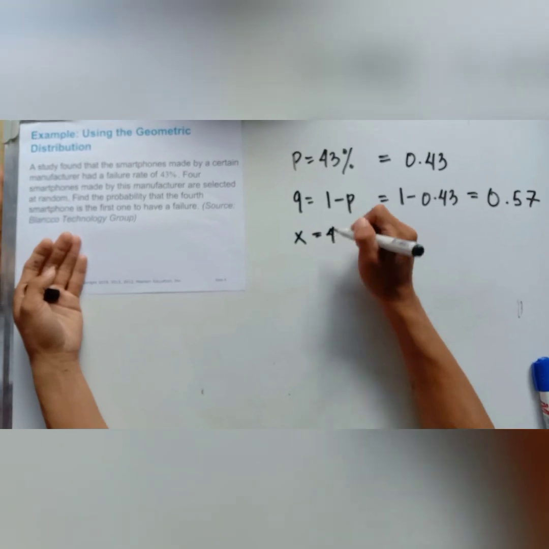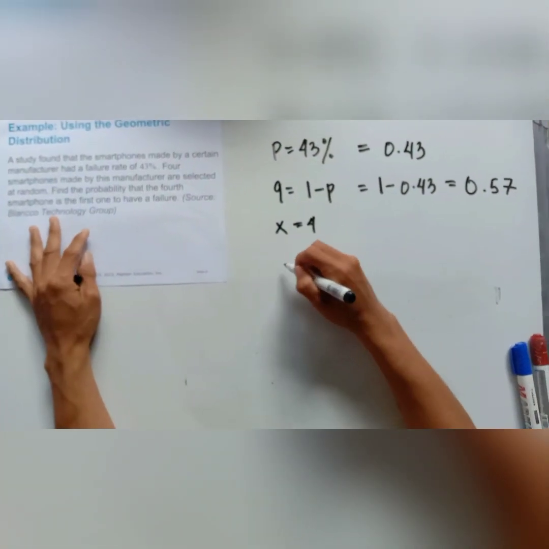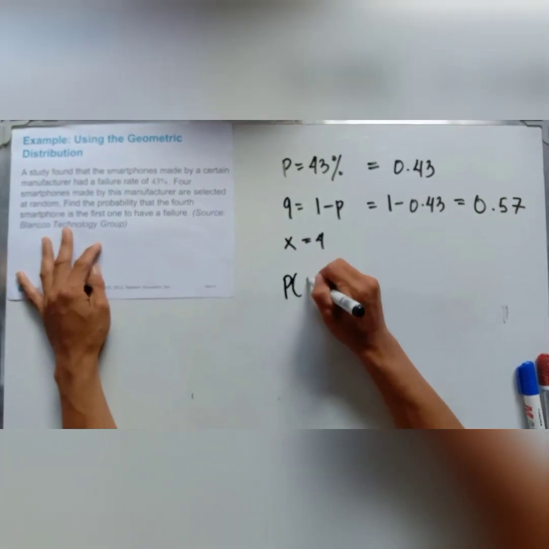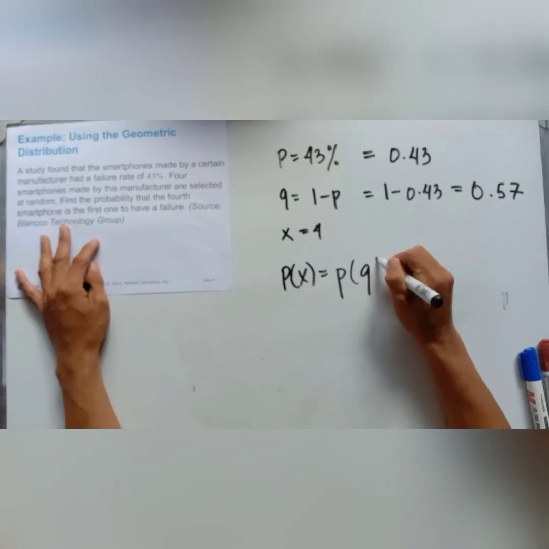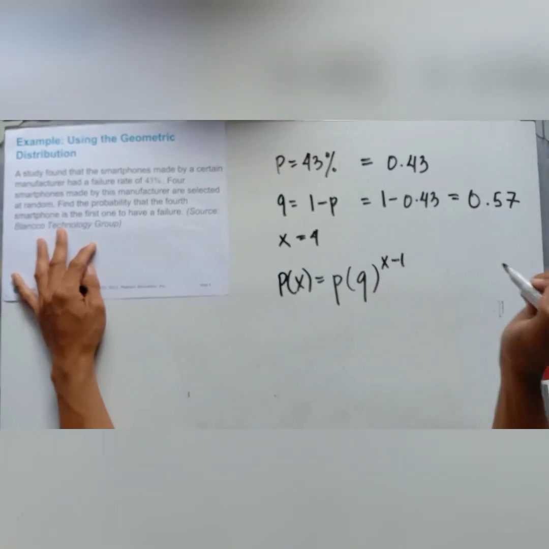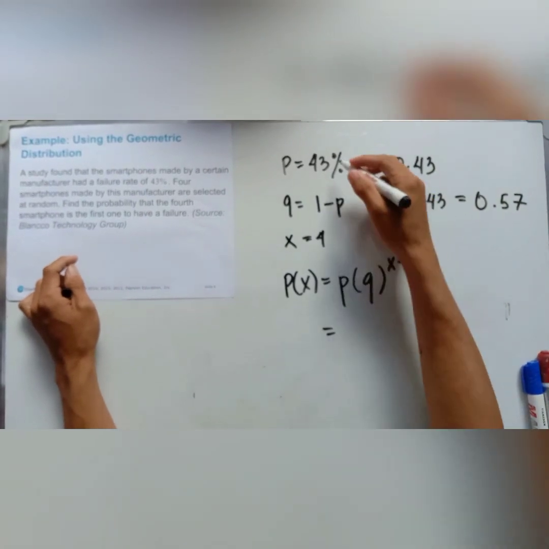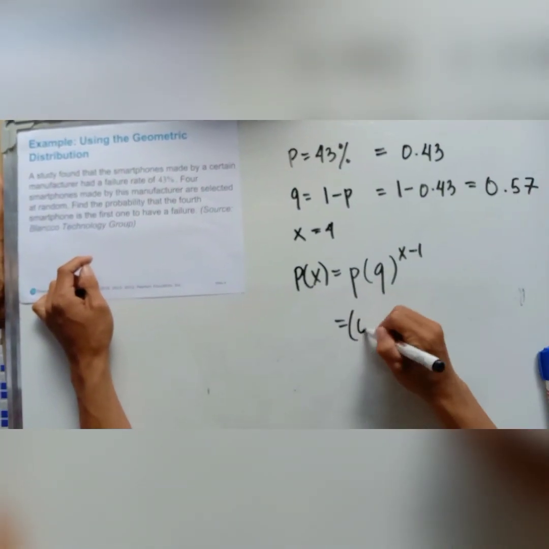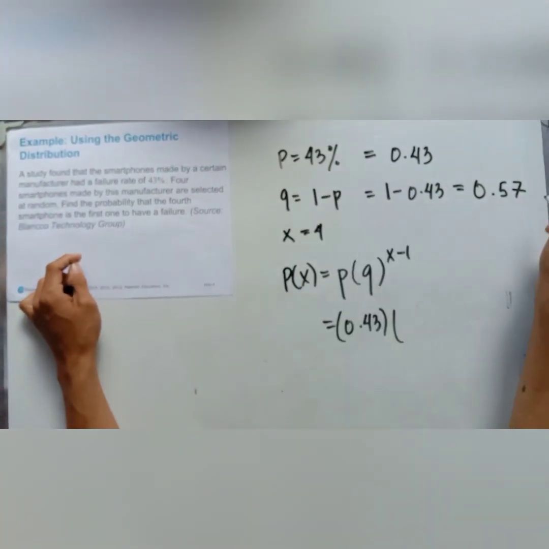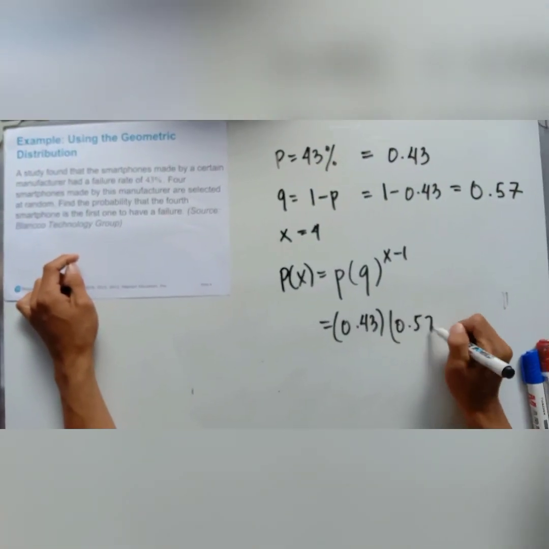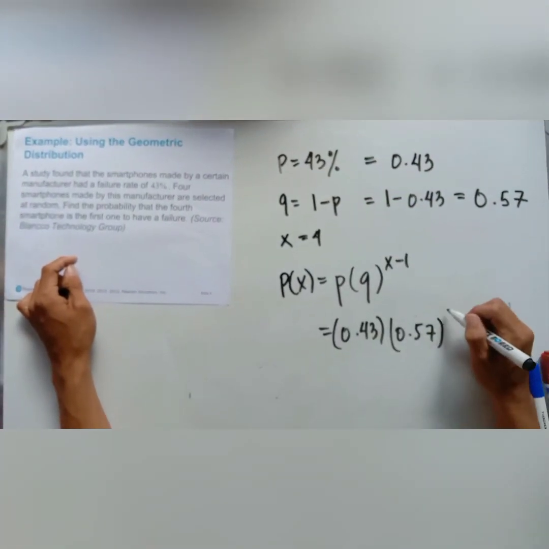X is 4. So, using the formula of the geometric distribution where P of x is equal to P times Q raised to the power of x minus 1, we get P is 0.43, then Q is 0.57 raised to the power of x minus 1, where x is equal to 4.